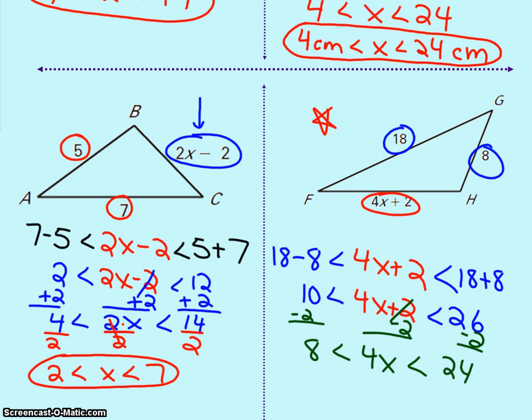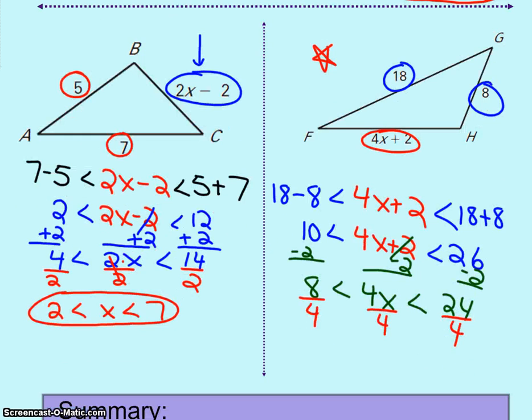And finally, I'm going to divide by 4. 8 divided by 4 is 2. These cross off. 24 divided by 4 is 6. And the range of x is between 2 and 6.